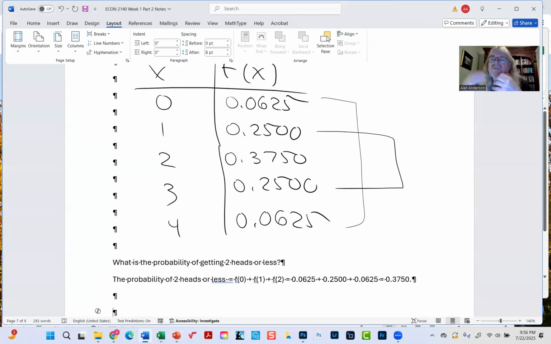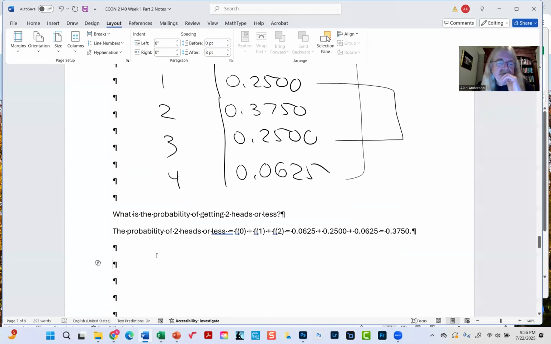So because this is two heads or less, it's referred to as a cumulative probability.